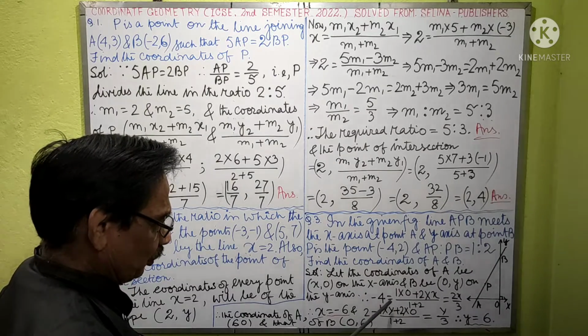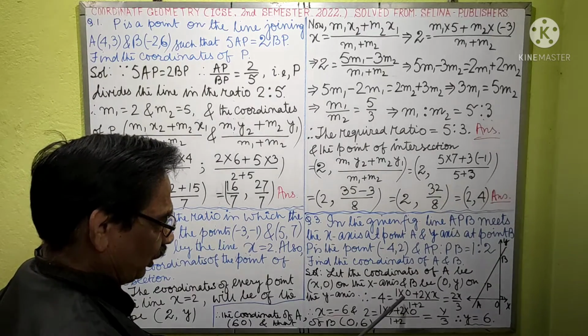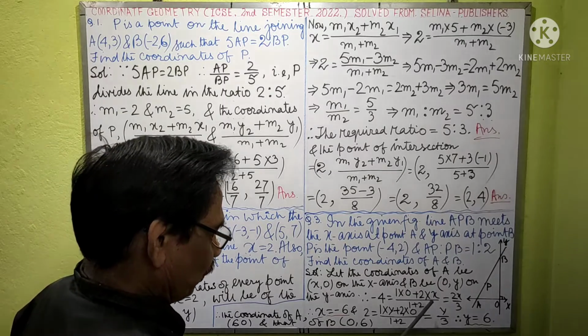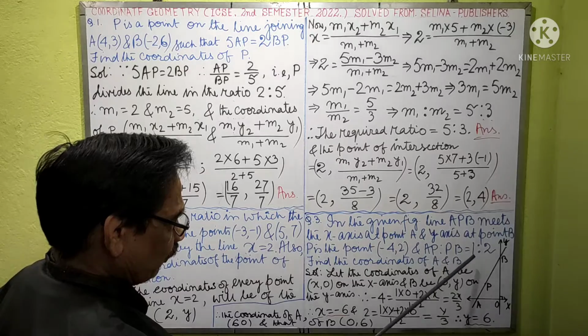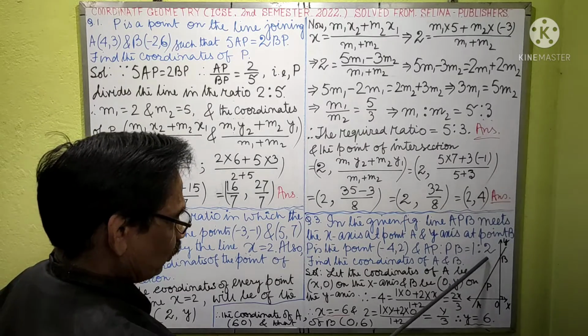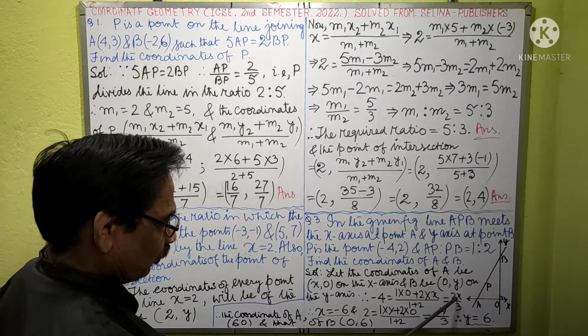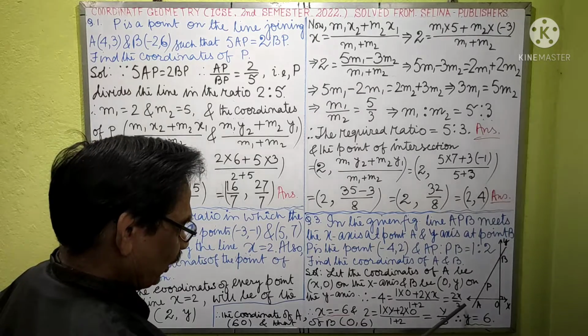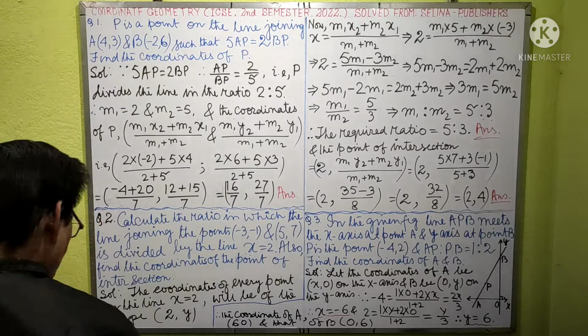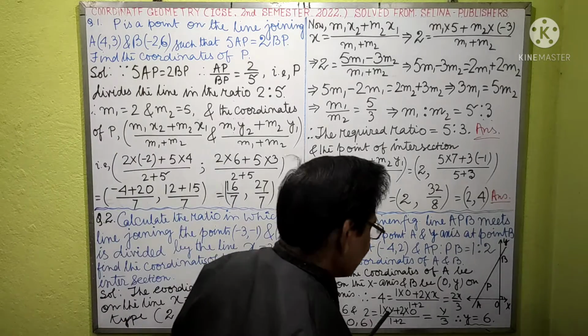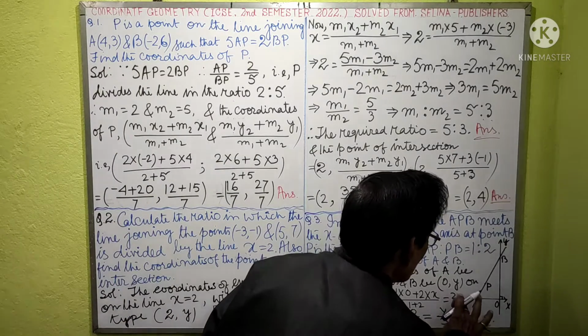-4 equals (1 into 0 plus 2 into x) by (1 plus 2), because m1 is 1 and m2 is PB, that is 2. So 1 plus 2 is 3, and it is 2x by 3. x is the coordinate.